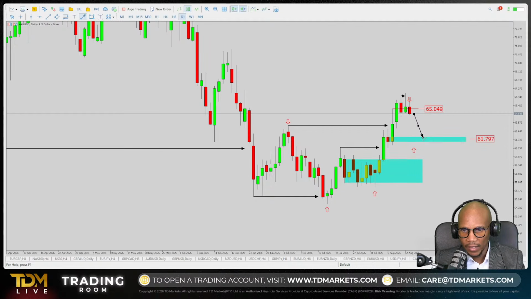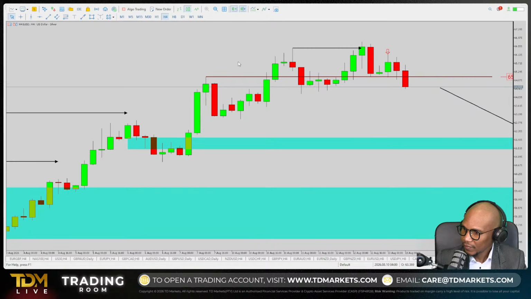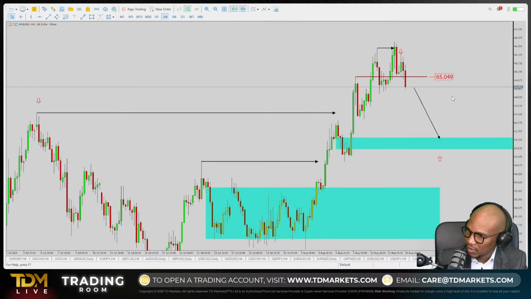And then from there, we will start to look for this. But for now, let's focus on this, right? We'll see the buy whenever it forms. So 61.7, that is my target on silver.